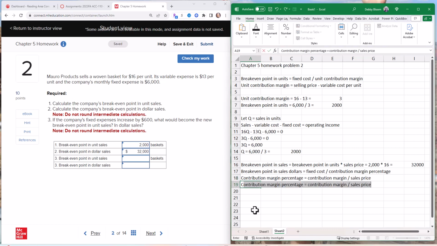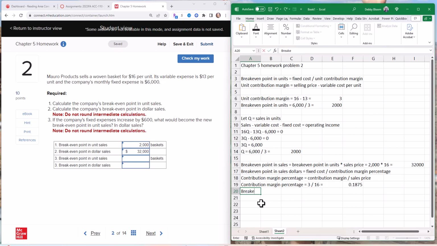So in this case, our contribution margin percentage is our $3 contribution margin divided by our sales price of 16. So we get 0.1875, and they said not to round intermediate calculations.